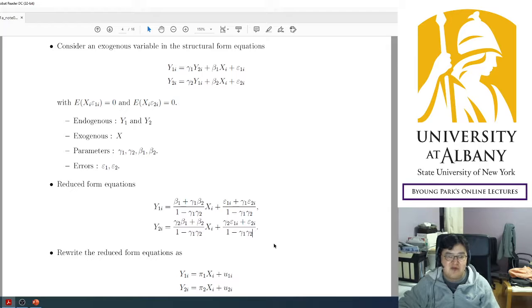I believe you know how to do this. And then as you see, y1 is a function of the exogenous variable and error terms and other parameters. Similarly, the other endogenous variable is determined by these. So y1 is not determined by another endogenous variable.